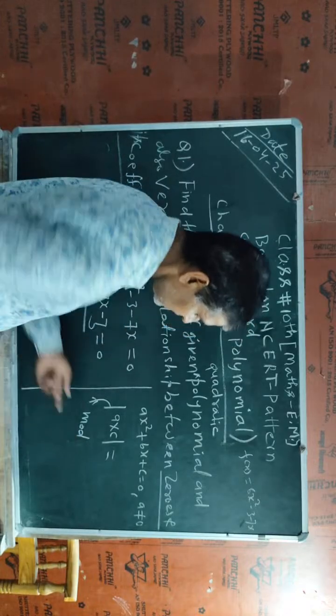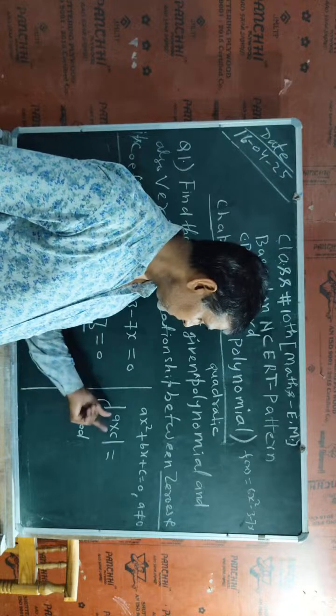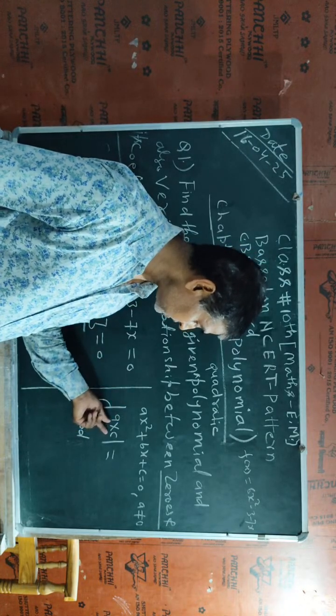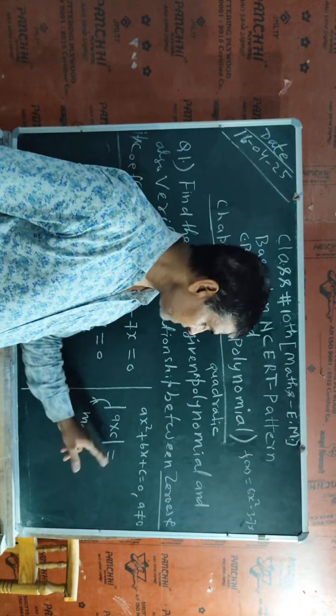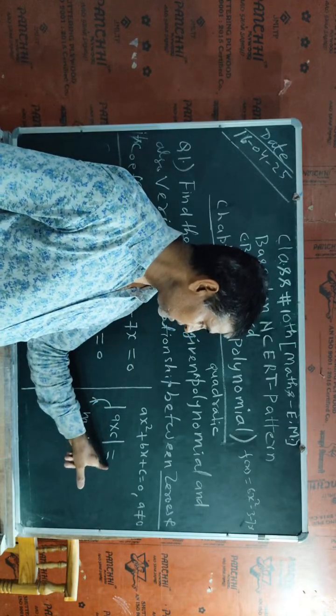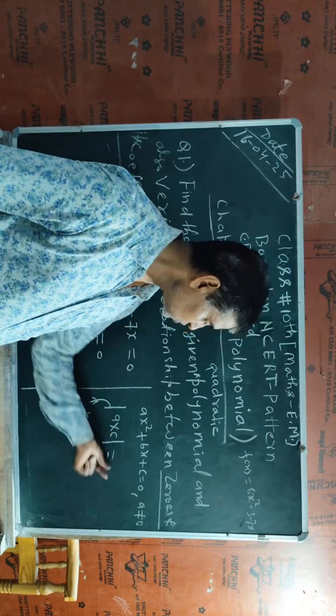This mod has an action: if any information written in the mod is negative, the mod will change it and the value will be positive. If it is positive, then after the mod I will get its value positive. Here a negative is available, so I will put a negative here.